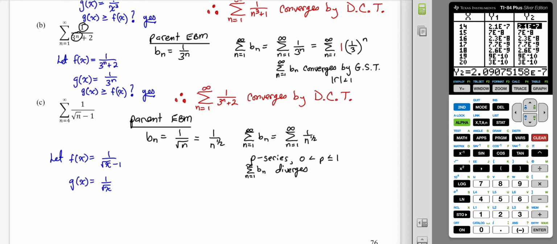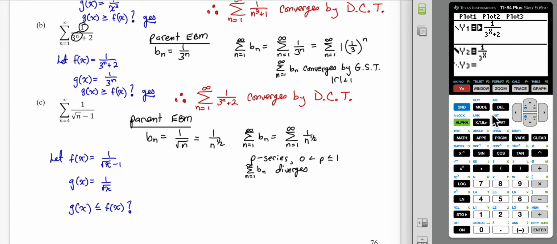I want g of x to be less than or equal to f of x, because if g of x, which corresponds to the p-series, which diverges, is below f of x, then f of x will never converge onto a numerical value. If g of x is too busy going on its merry way to infinity, and g of x is always below f of x, then f of x will necessarily have to go on to infinity as well.